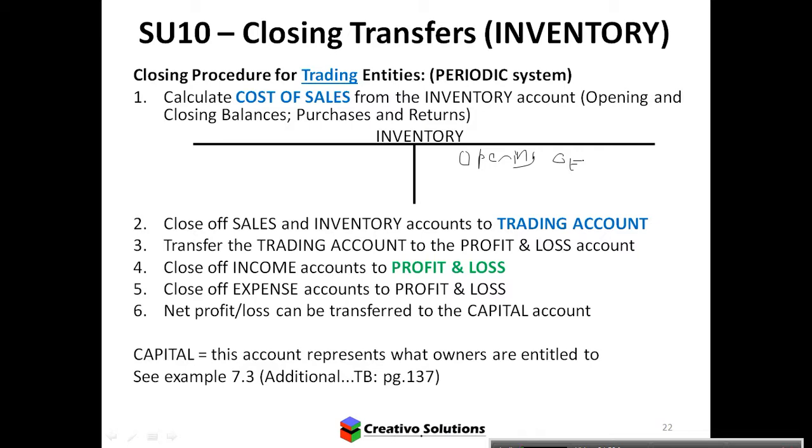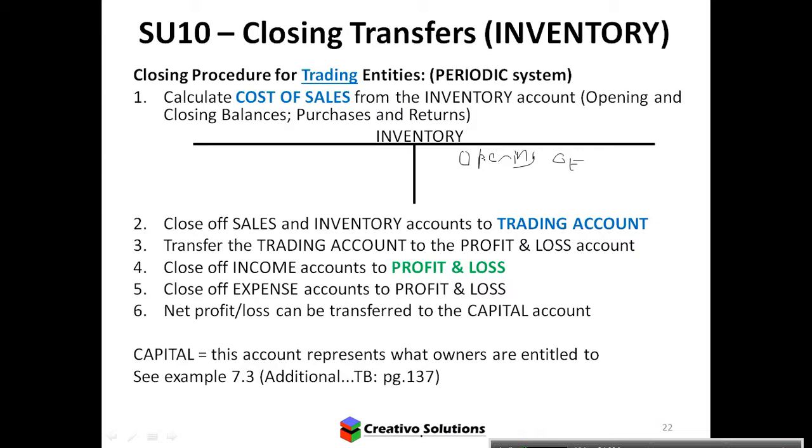I'm increasing it. Inventory is an asset. I'm increasing it, so therefore it's going to go on the debit side. You basically had this earlier. I'm basically just revising what I spoke about in the T account. Okay, that's the steps.